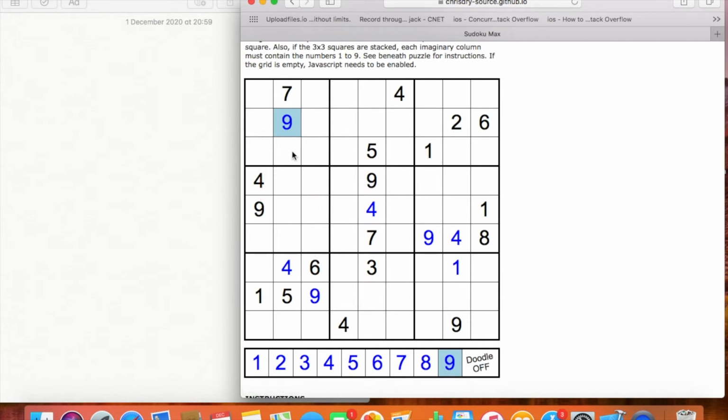Now this lets us place I think most of the remaining 1s. Let's look at the top left block again, and although there are apparently 2 squares left for 1s there, this one is not eligible, so there's a 1 that goes there.